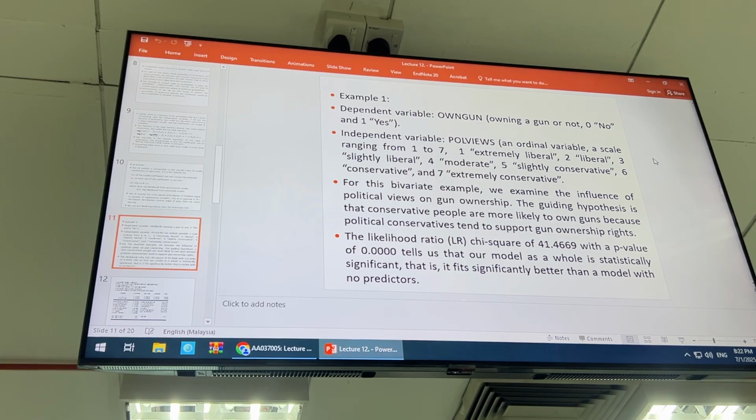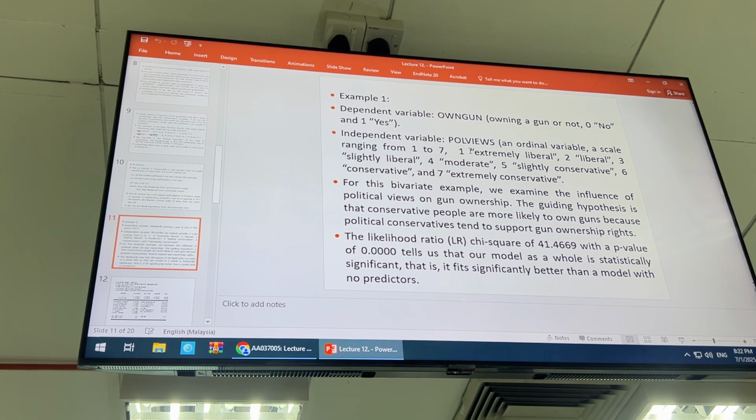So basically, let's say you get data from survey data, asking the respondents whether they own a gun or not, and we also ask their political views.